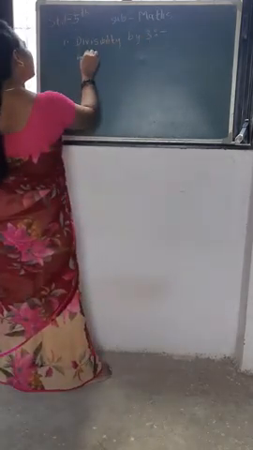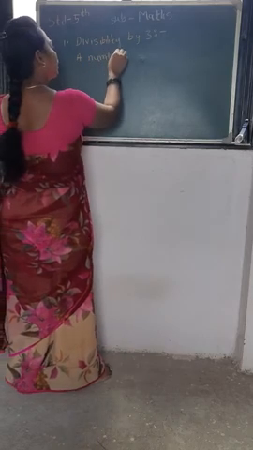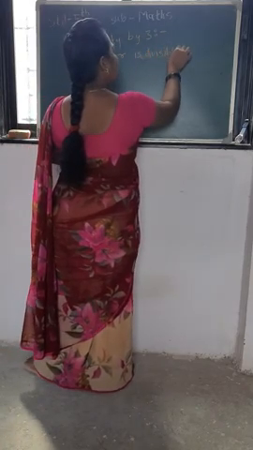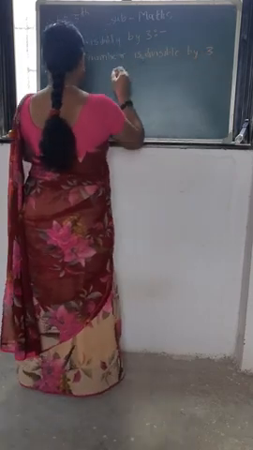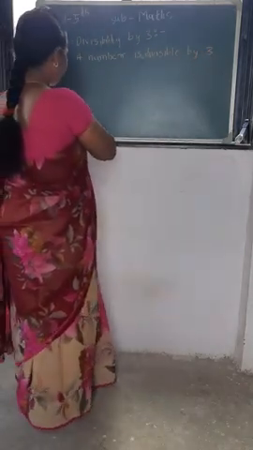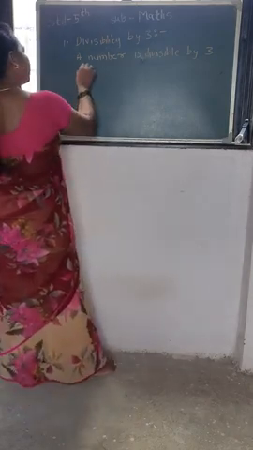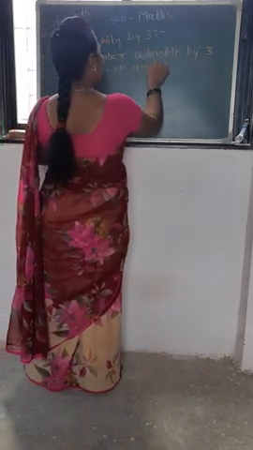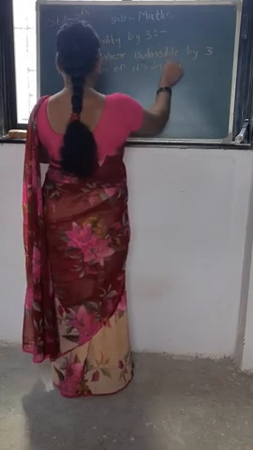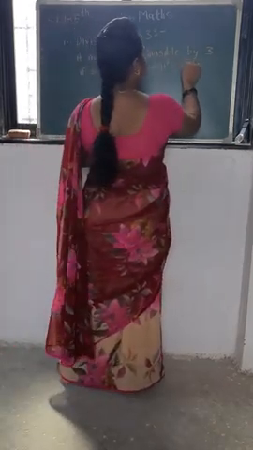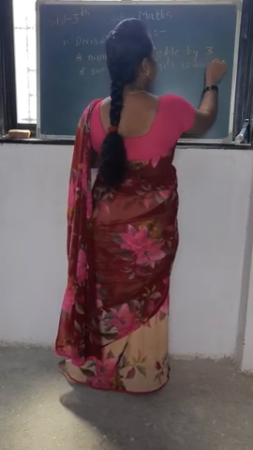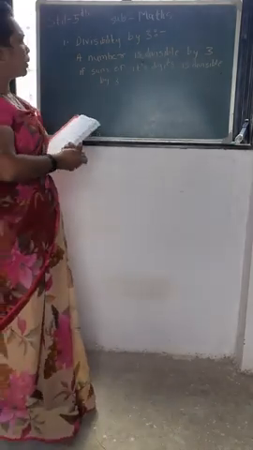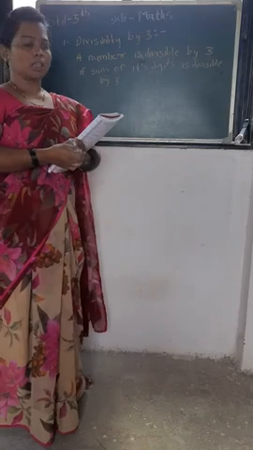A number is divisible by 3 if the sum of its digits is divisible by 3.